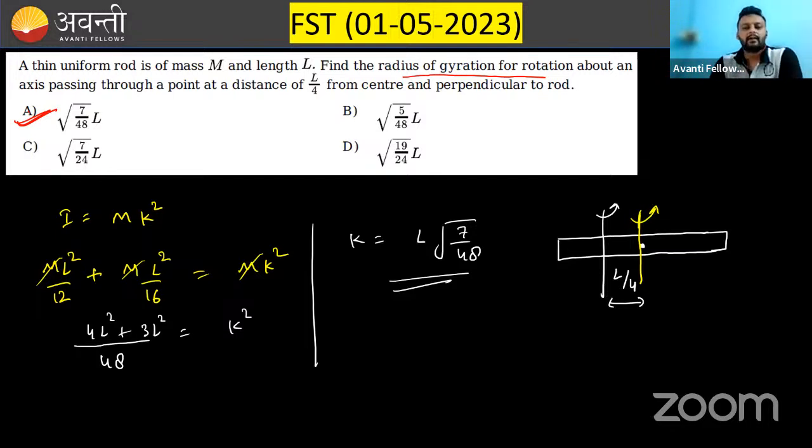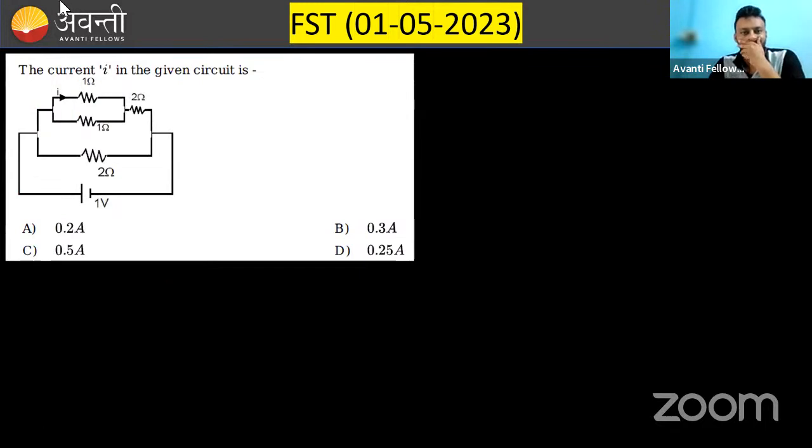Okay. Now moving further. One more question we are taking here. The question is, the current I in the given circuit is. So there is a circuit given. You can do it by using the series parallel combination method. Very easily you can do that.